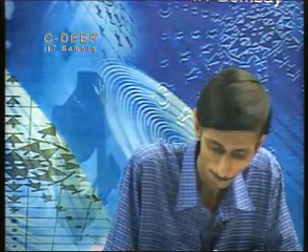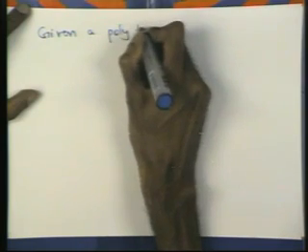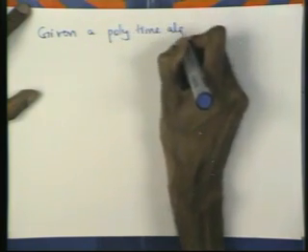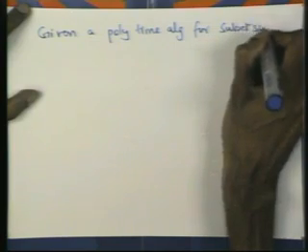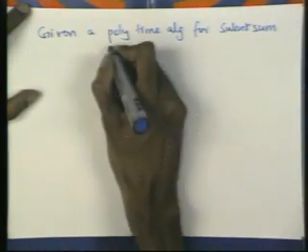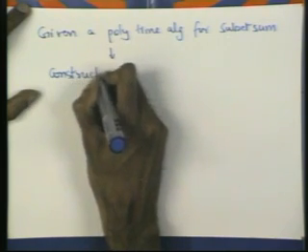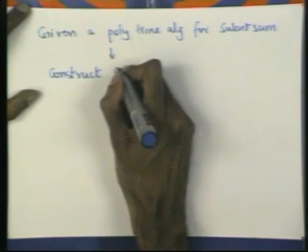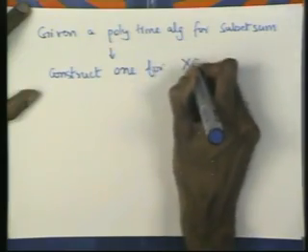So let's do this. We are given a polynomial time algorithm for subset sum. What we want to do is construct a polynomial time algorithm for exact cover.